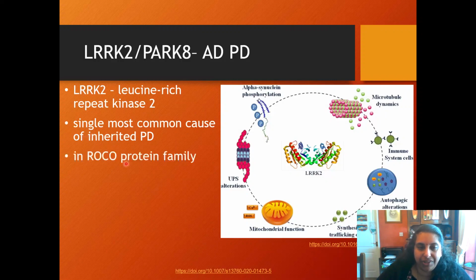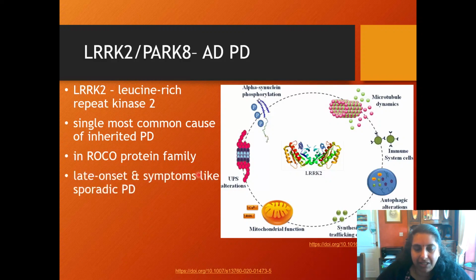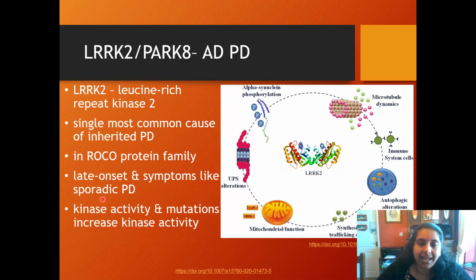It's a protein within the Roco protein family. Again, it is late onset, so that's unusual for the familial Parkinson's disease. Usually the familial ones are earlier onset because the mutation causes the effects to happen earlier, but it's actually late onset, and its symptoms are very much like sporadic Parkinson's disease.